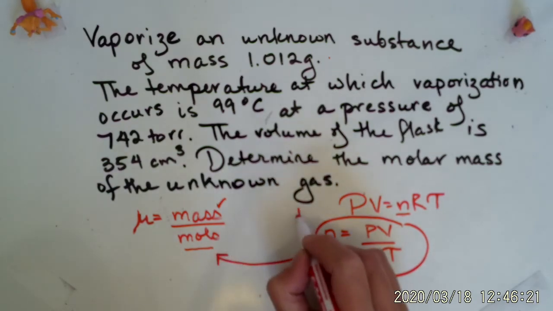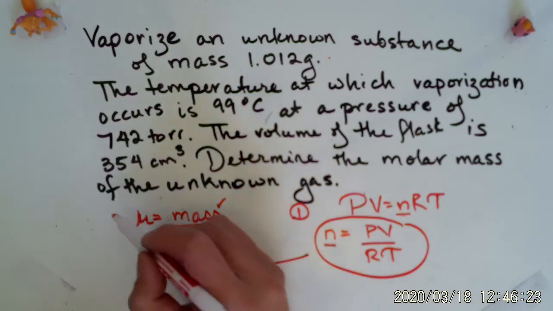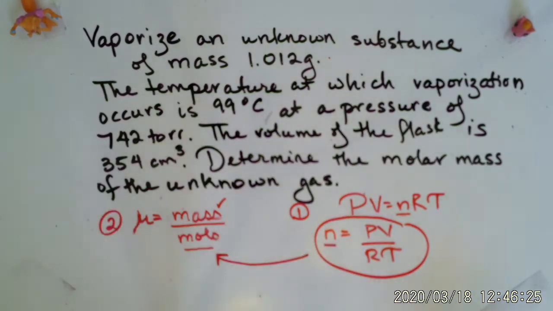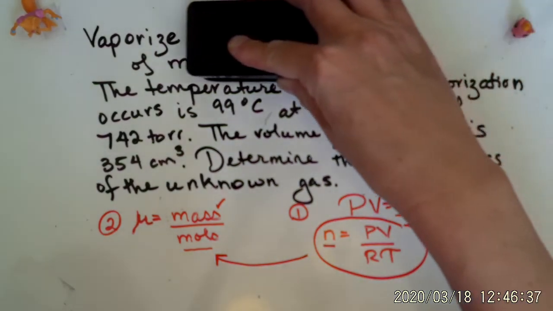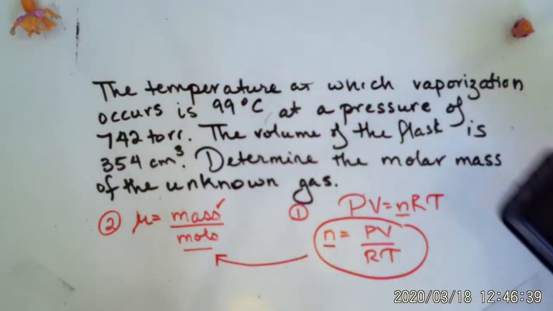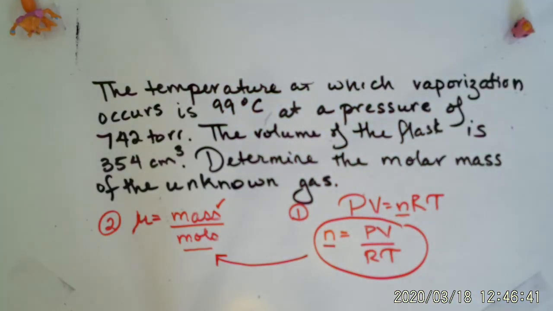So step 1, get the moles of gas. Step 2, then calculate our molar mass. Okay, so let's go ahead and do that. To use the ideal gas law, we have to convert everything here.